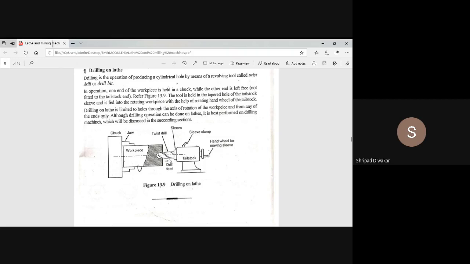That is the advantage of helical grooves. When the tool penetrates inside the workpiece, hole formation takes place, and whatever extra material there is comes out in the form of chips through these helical grooves.